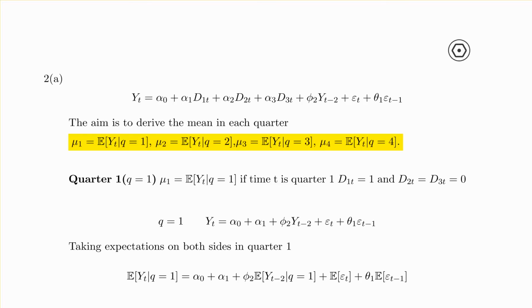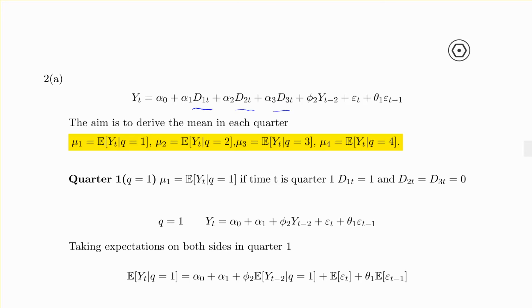So this question then refers to demeaning a variable and looking at deriving the mean in a seasonal series where the mean can change every quarter. So this D1t is a dummy which equals 1 if time period t is a quarter 1 observation and 0 otherwise. D2t equals 1 if time t is a quarter 2 observation and 0 otherwise, and so on.